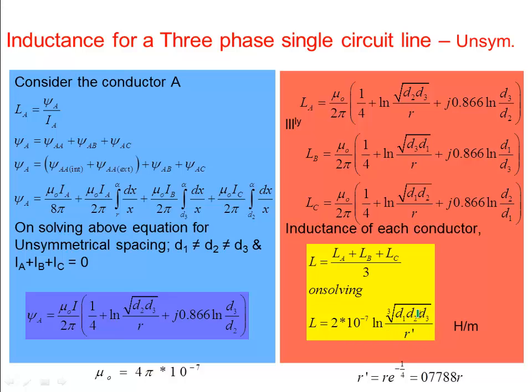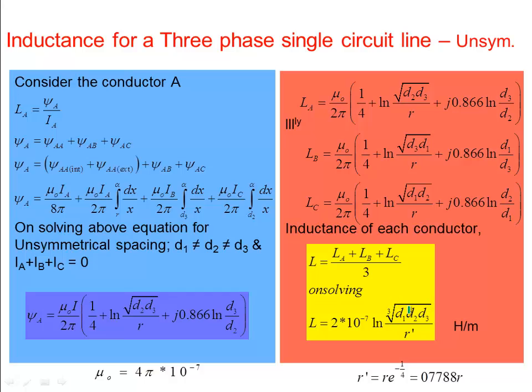Again, if you see this equation, the natural logarithmic term has in the numerator the distance among the conductors, divided by the effective radius. How can we say this is the distance among the conductors?